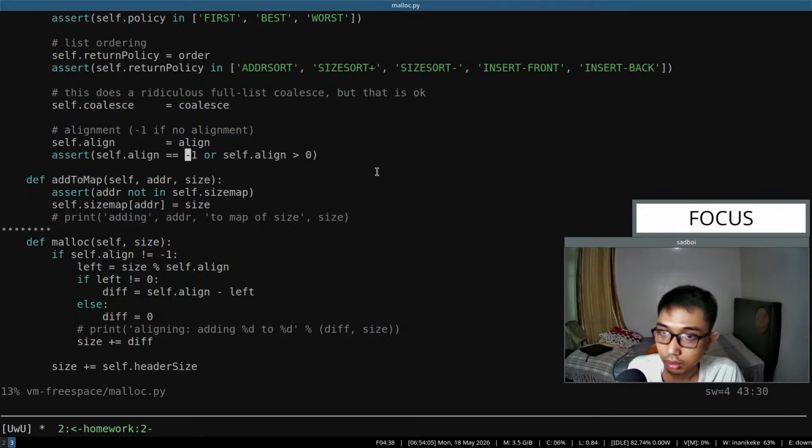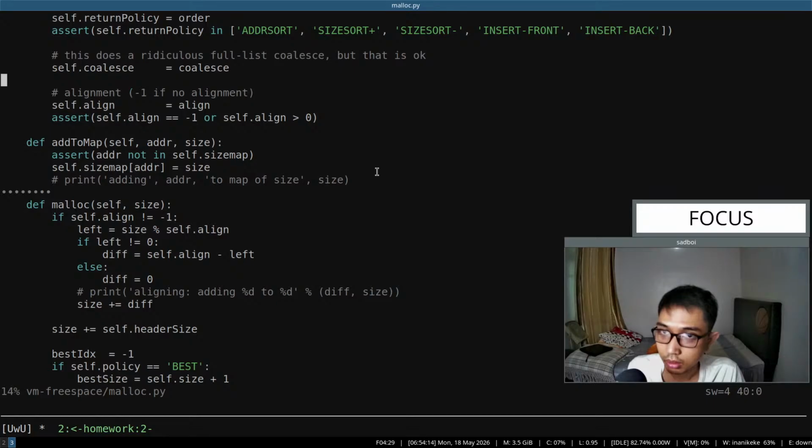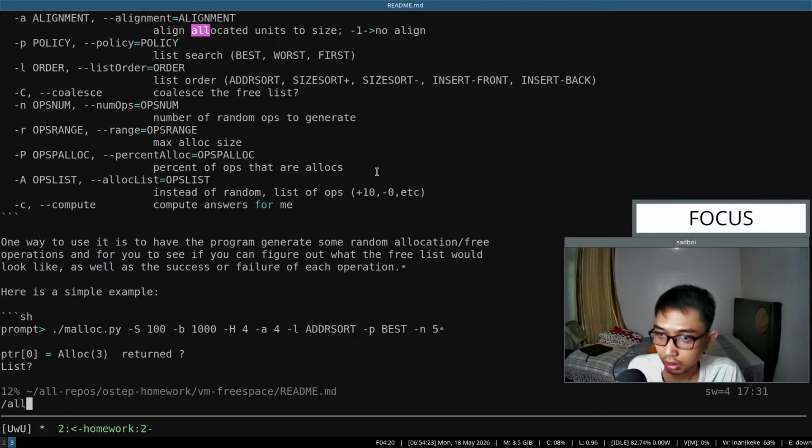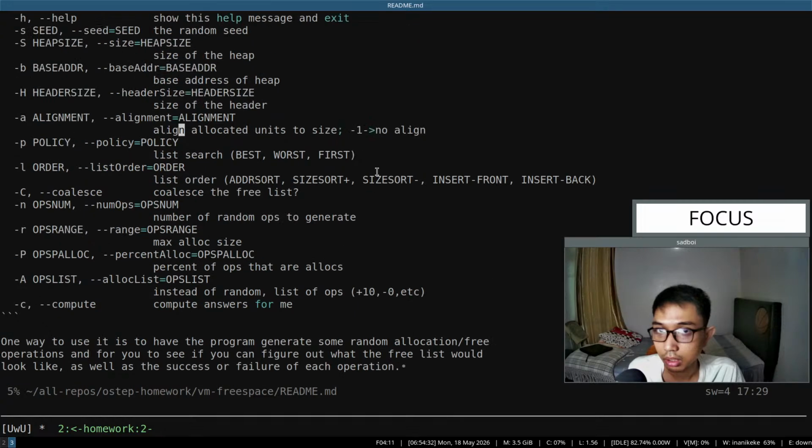Okay, -1 or more than 0. Okay, maybe in the readme we will see an explanation. Alignment only that. Align allocated unit to size.